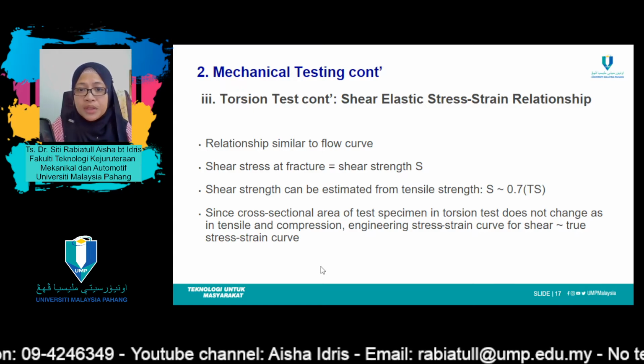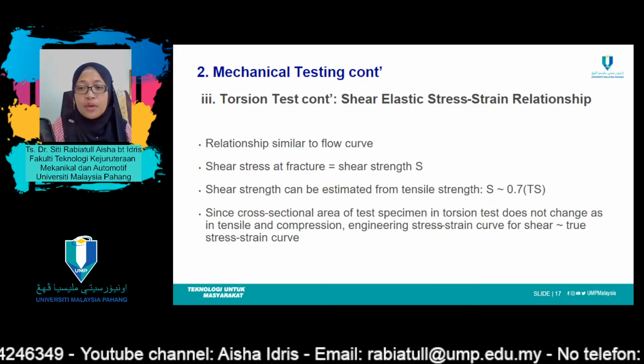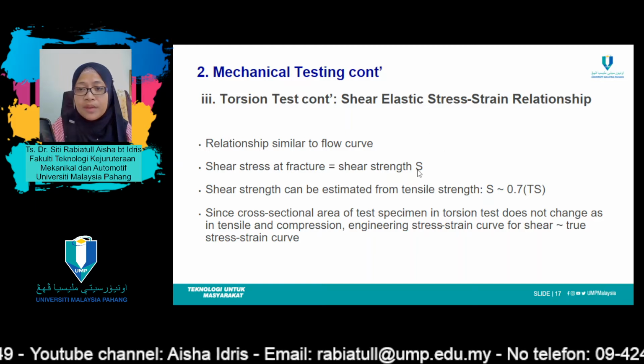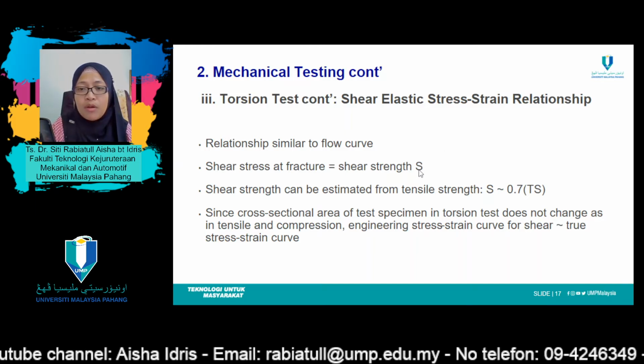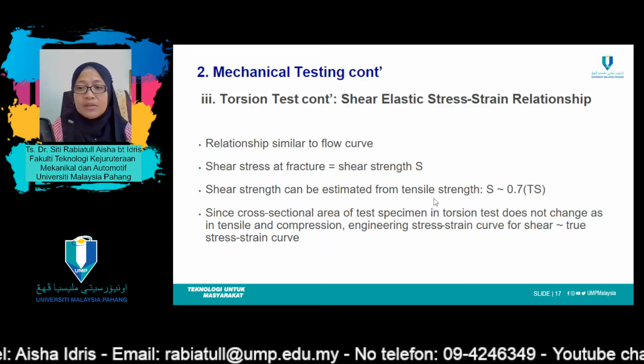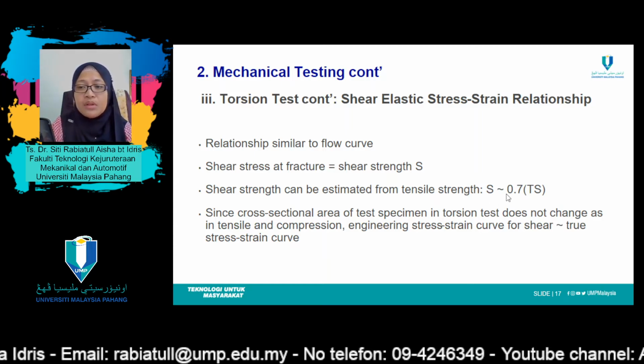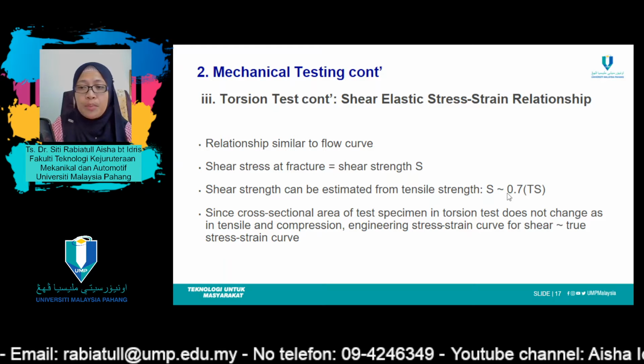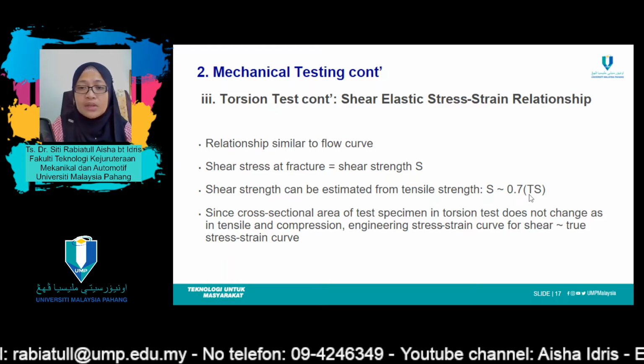The shear stress at fracture is known as S. We use the symbol S over here. Shear strength can be estimated from tensile strength, which is around 0.7 of the tensile strength.